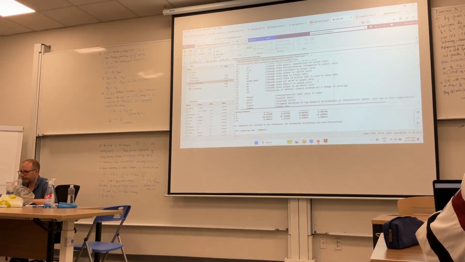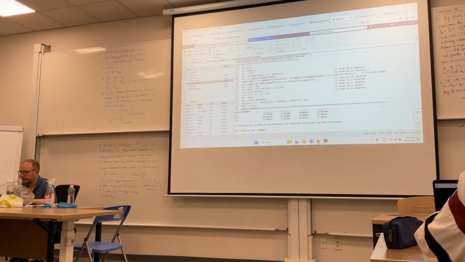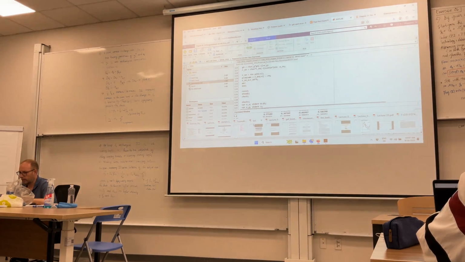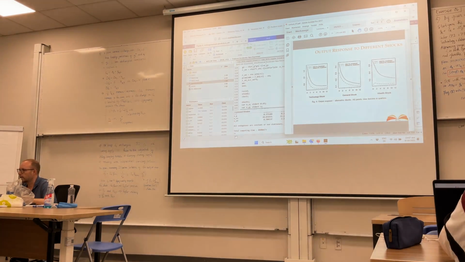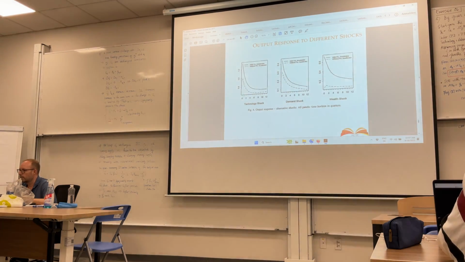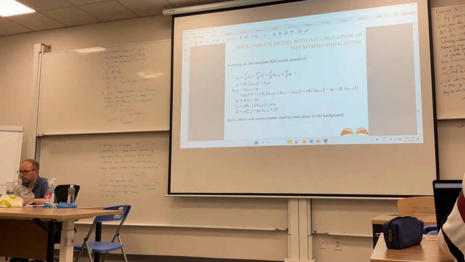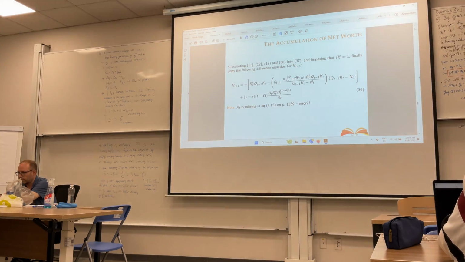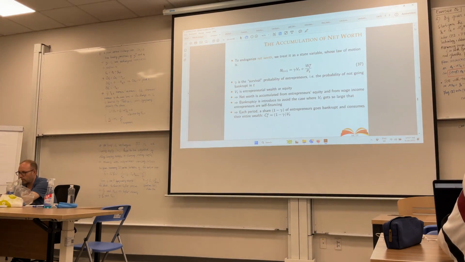Let's add in the wage, which is going to have to be equal to... We can do this. We are master's students. Let's see if we can output what our wage was.